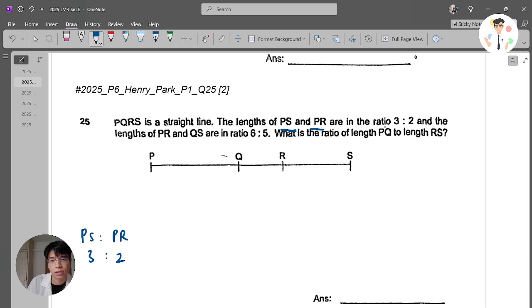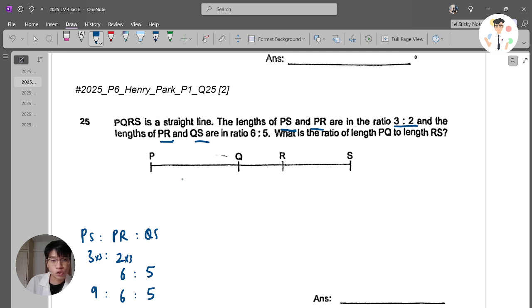And the length of PR to QS is 6 to 5. So let's make the PR the same first. This is a repeated identity concept. So I times 3, I times 3. So this is 9 to 6 to 5.